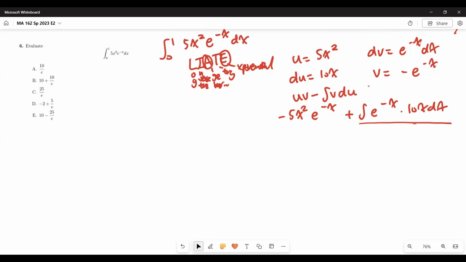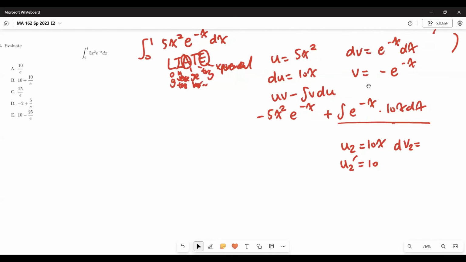Okay, fun. Let's put another u, actually let's put u as u2 to differentiate from the first u. u2 is 10x, then u2 prime would be 10, and dv2 would be e to the negative x dx. So v2 would be negative e to the negative x.